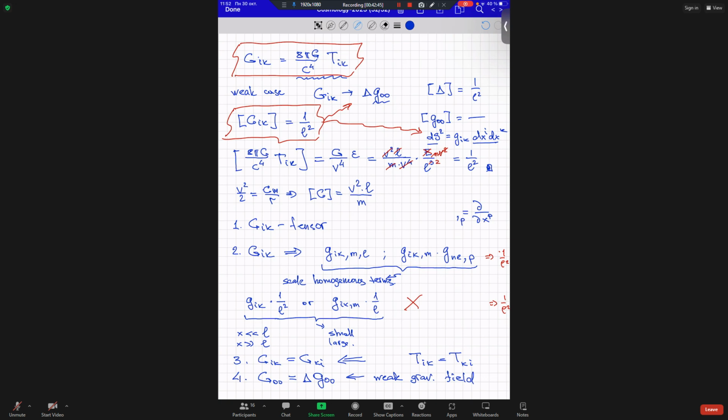We even have the fifth property, which is very important. This property comes to us again from the property of the energy momentum tensor, because if we take the covariant derivative of the energy momentum tensor T_ik, this equals 0.